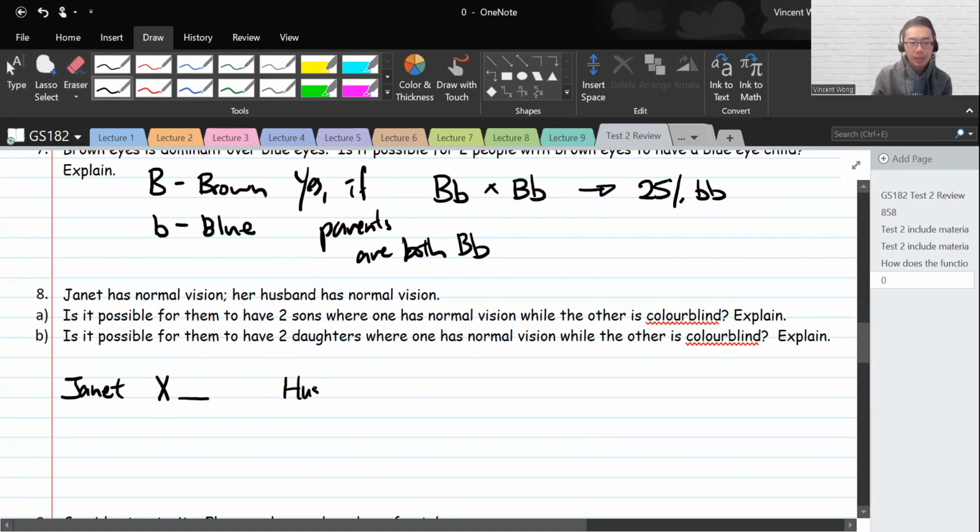The husband, who has no name in this question, also has normal vision, so he is going to be XY for sure. We don't know what the other one is, but if there is a colorblind son, then Janet has to be XXC. The other allele has to be XC.